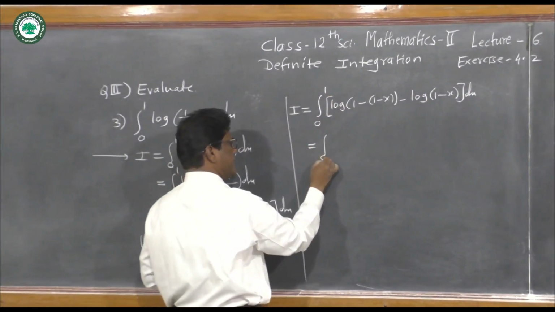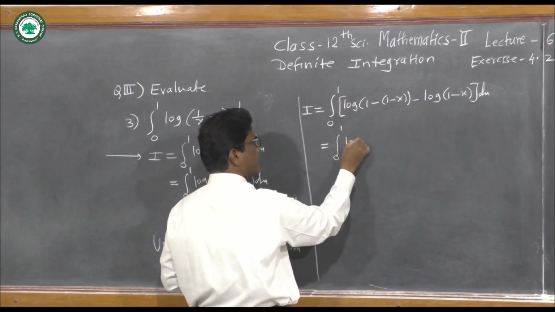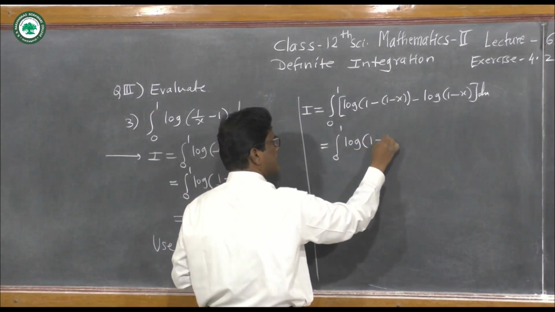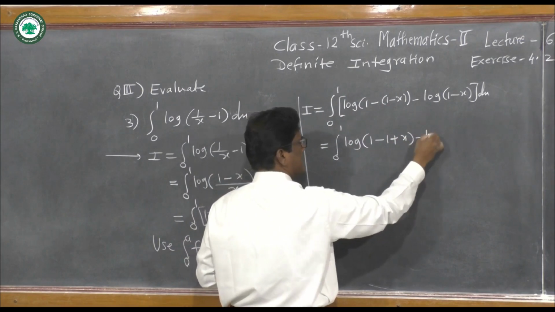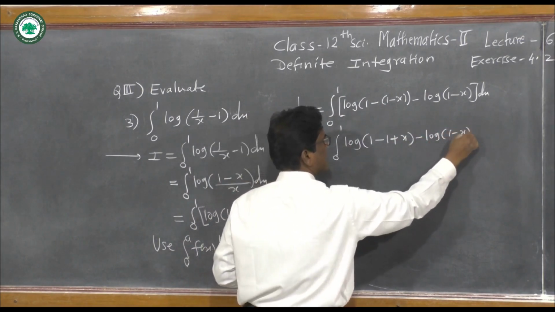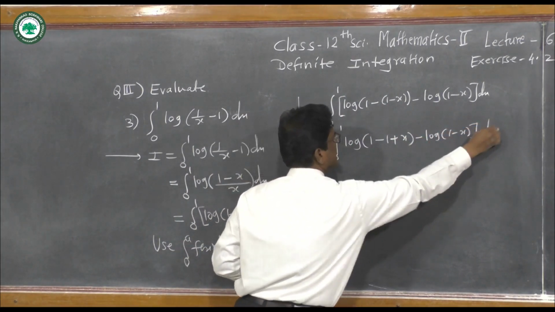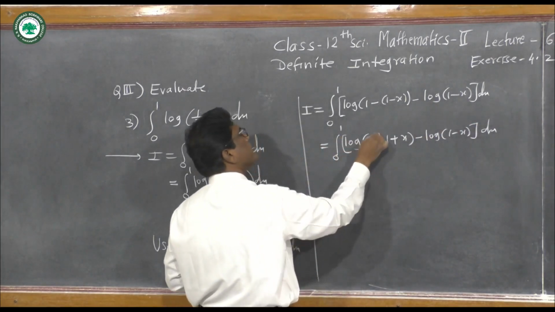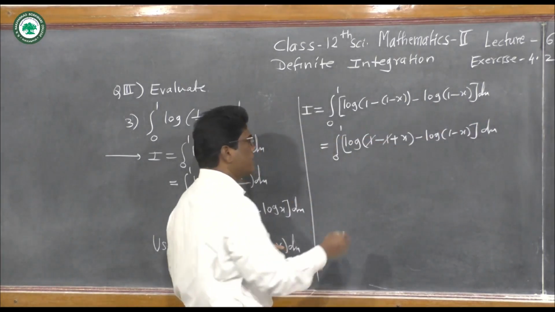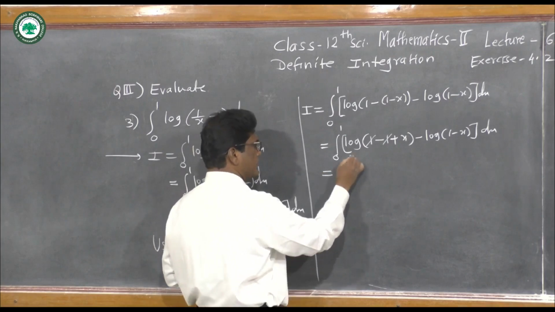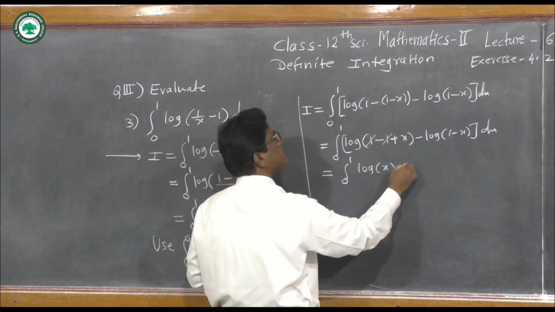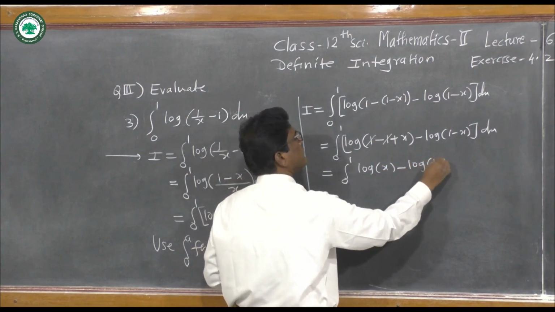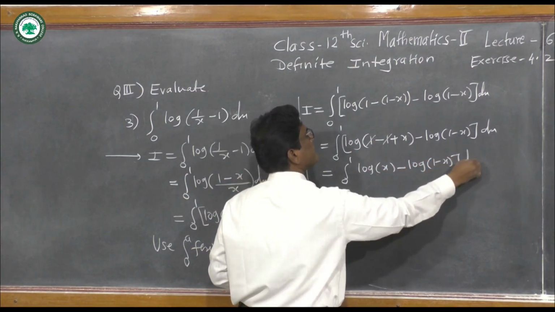So it is equal to integration from 0 to 1 log of 1 minus 1 plus x and minus here log of 1 minus x dx. Now here plus 1 and minus 1 get cancelled. So we get integration 0 to 1 log of x minus log of 1 minus x dx.